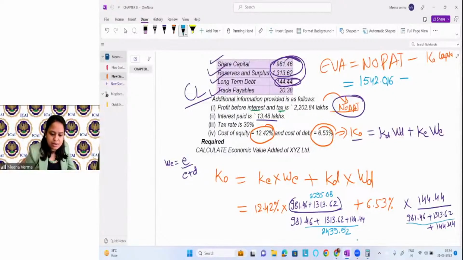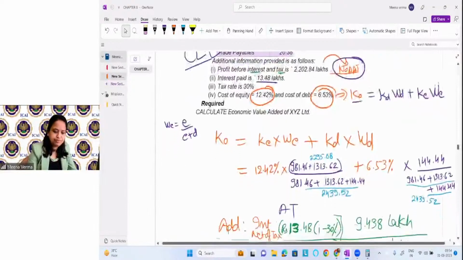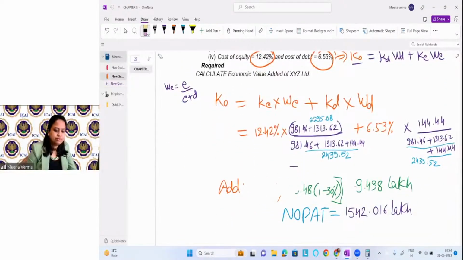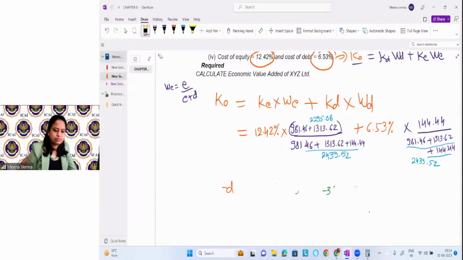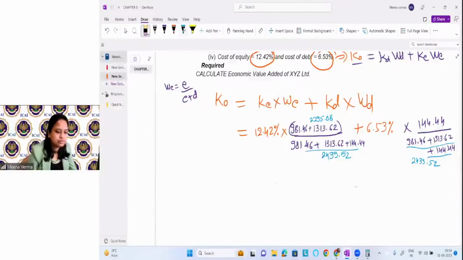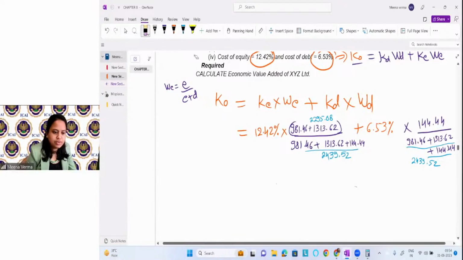So this is the same, right? This entire sum is 2439.52, right? Let's solve it. Solve it and tell me what it is coming to. I want you people to solve and give me the answer.